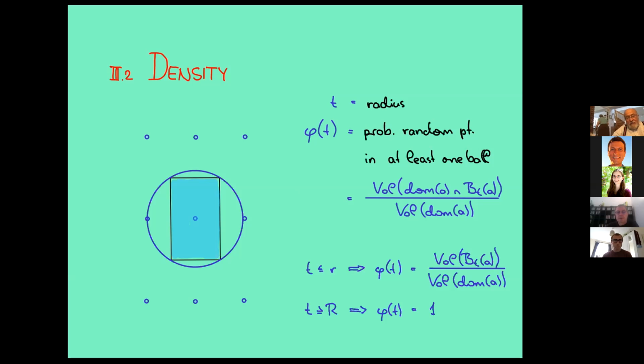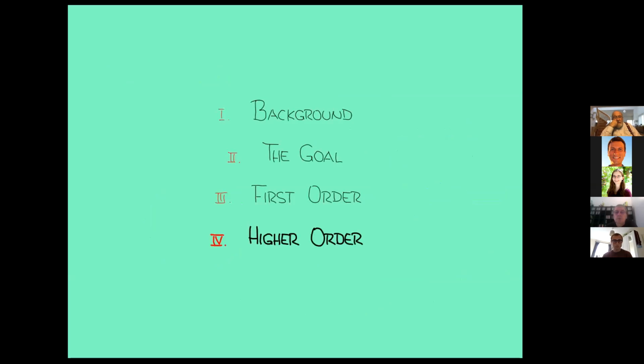So this is just a little case analysis. We see that most of the action is when a disk starts to intersect the boundary and part of it is inside and part of it is outside. That's when the interesting stuff happens. And to capture something about this interesting case, we go to higher order versions of the concepts.